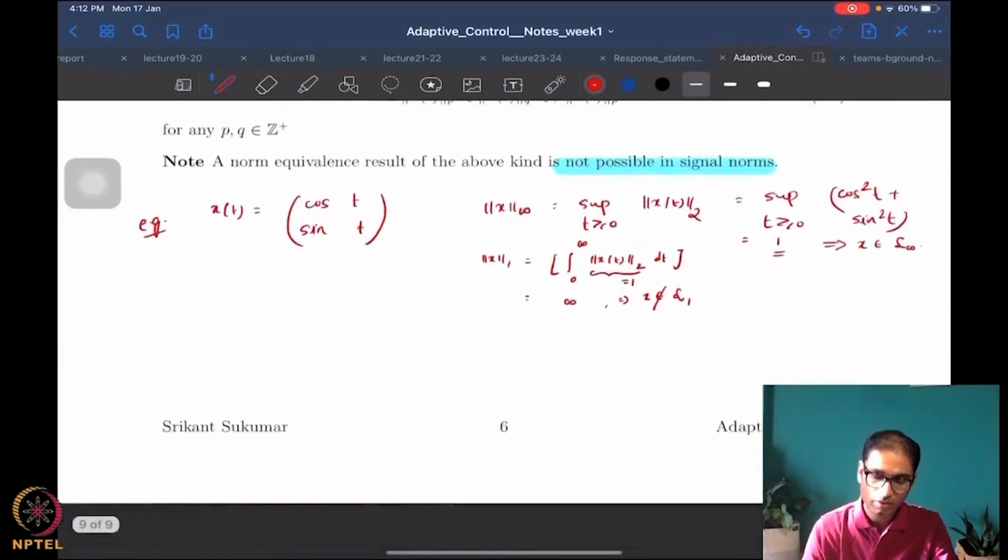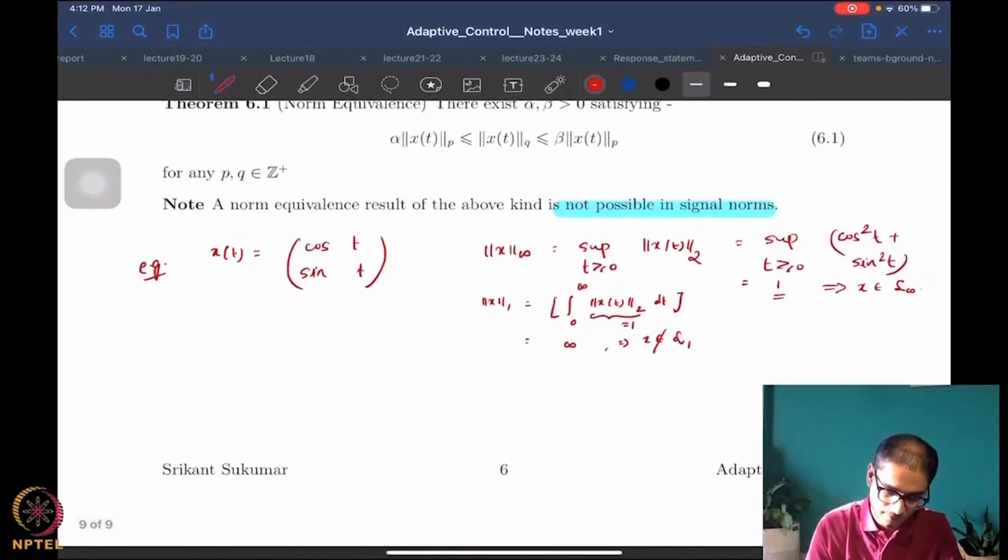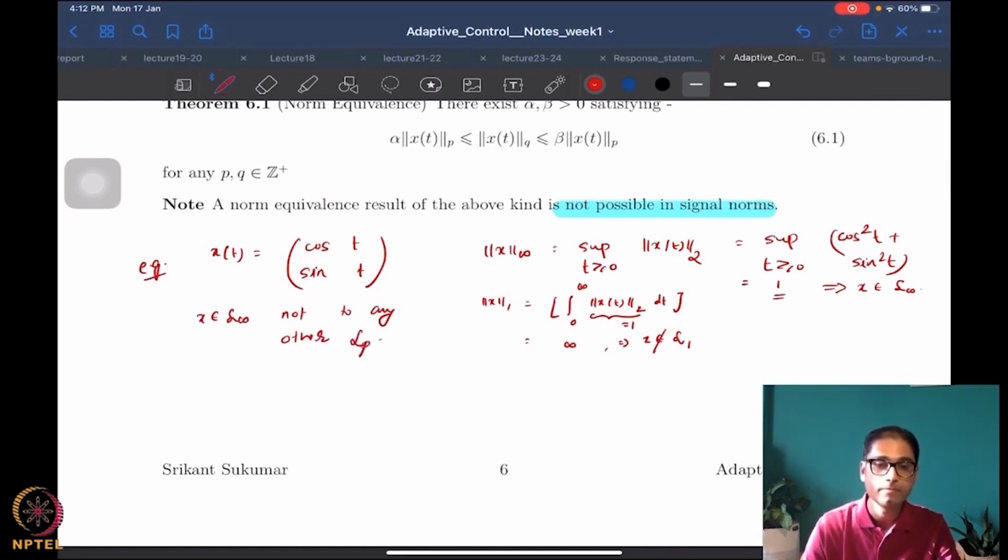So what do we know? We know that x belongs to L infinity, and not to any other Lp. So therefore all the other signal norms become infinite, and therefore there is no such possibility of norm equivalence. It may just happen that the infinity norm is bounded but the other norms are unbounded and so on.